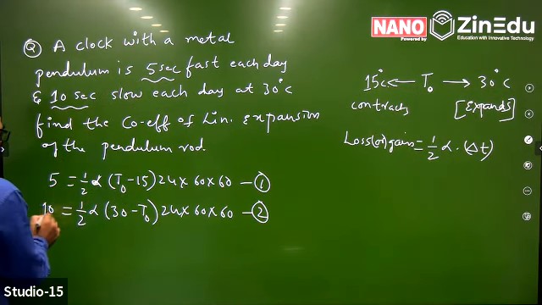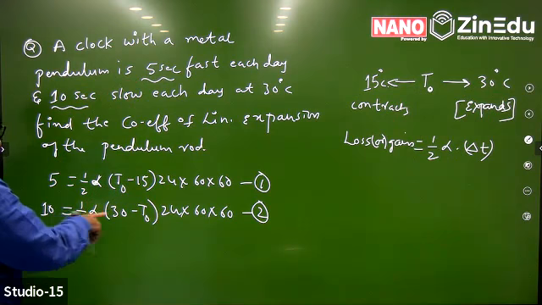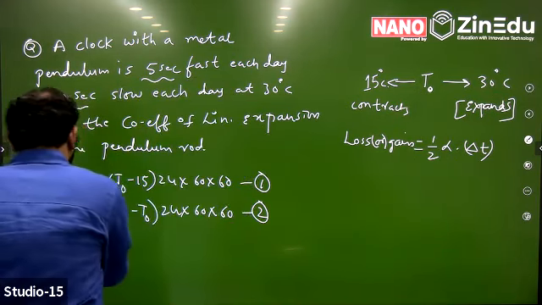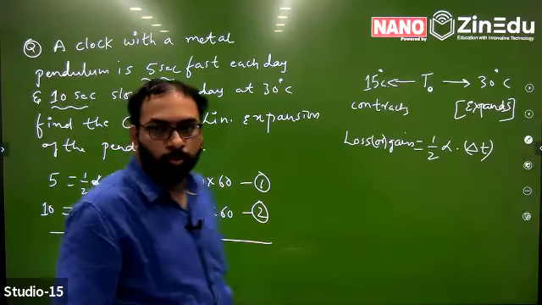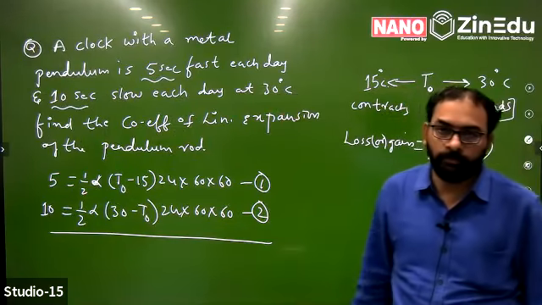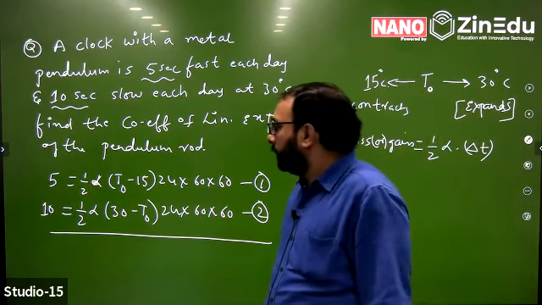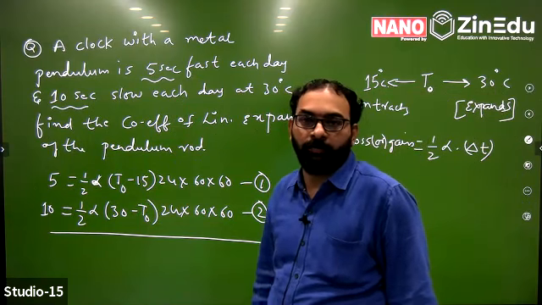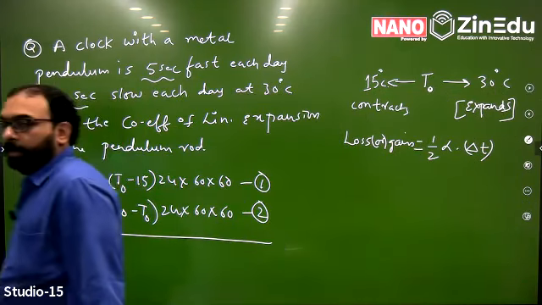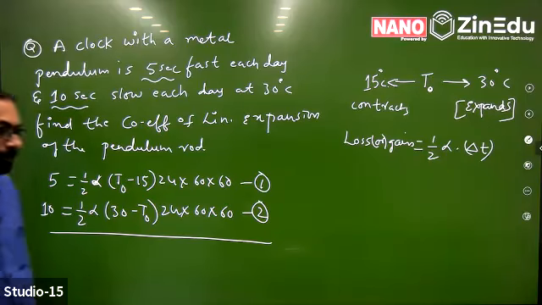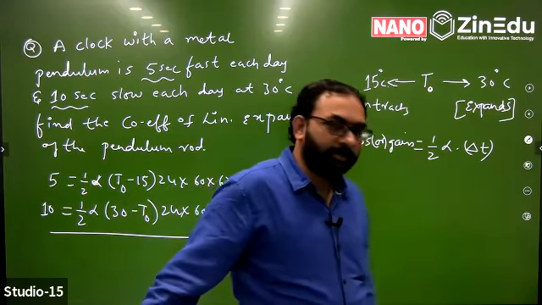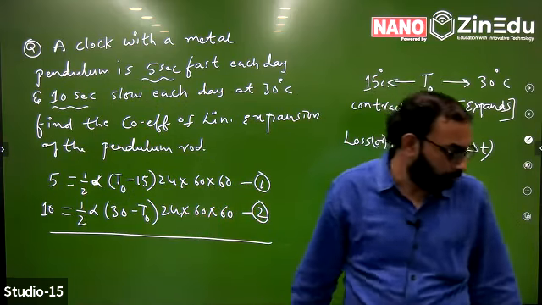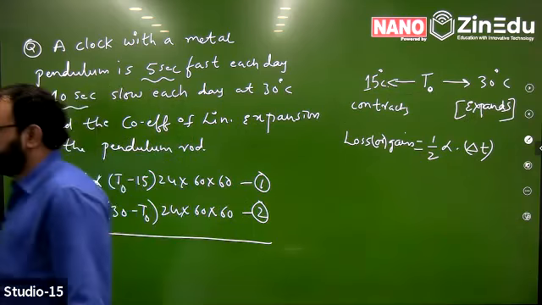When it runs slow, 10 seconds slow each day, the temperature change is 30 minus T naught. If you simplify these two equations, you can calculate the alpha value. So can you calculate the alpha value? So far, up to this simplification, is it clear? Yes, sir. Okay.